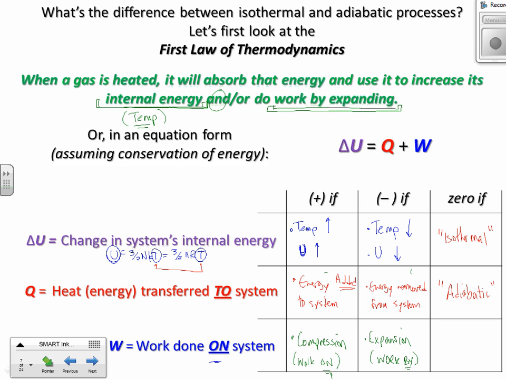And work is zero if, well, here's a big deal. Work is zero if things don't move, if there's no motion. The only process we saw where nothing moved is if the volume of the system stays constant. We should always be thinking about pistons in cylinders that are able to move up and down. If this thing does not move, then there's no work done.